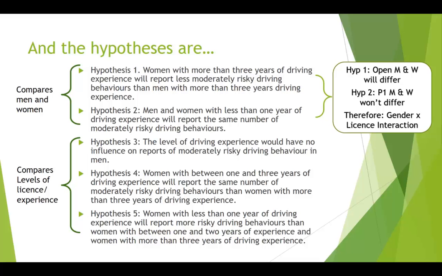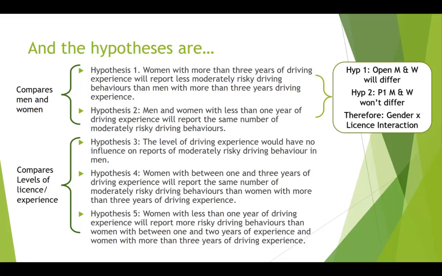Because that's a different effect of gender for the open license group compared to the P1 group, the effect of gender is different at one level of license, open, compared to another level of license, P1. Effect of an IV changes across levels of another IV. That says there will be an interaction. And notice there, the interaction is between the two IVs. So I describe that as an interaction between gender and license group.